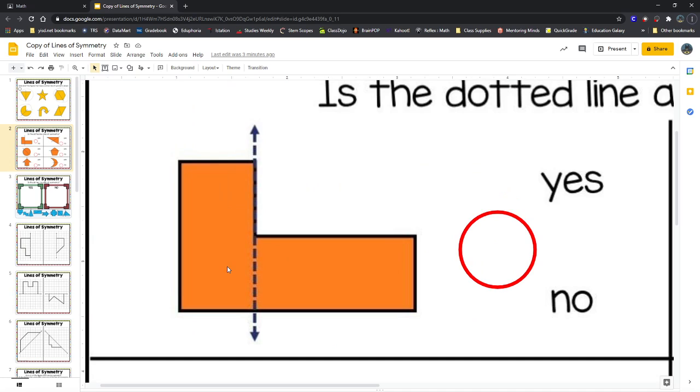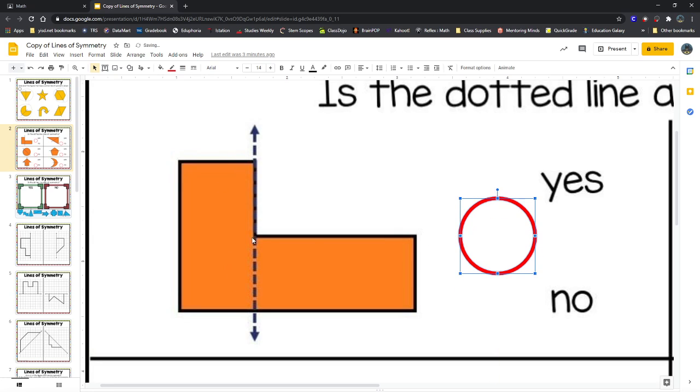Who can tell me for this shape, this L looking shape, did they draw a line of symmetry? Yes or no? Bella, what do you say? Yes or no? So if I fold the shape on this line, I'm going to have 2 equal sides?